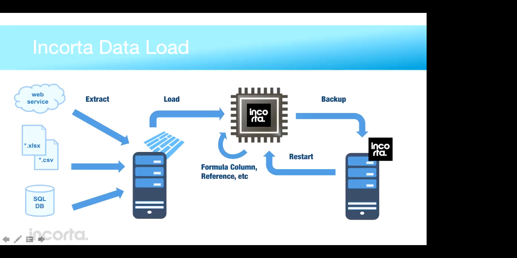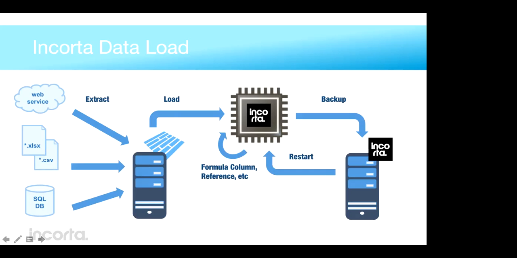Now I want to describe how Spark fits into Incorta from the Incorta data processing perspective. This diagram describes how Incorta processes data before we introduced Spark. Incorta can extract data from a SQL database through JDBC, and can support CSV or Excel files.